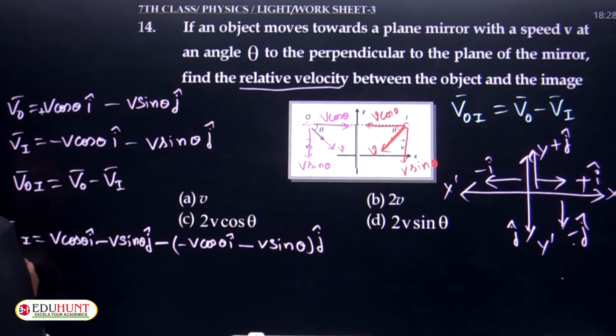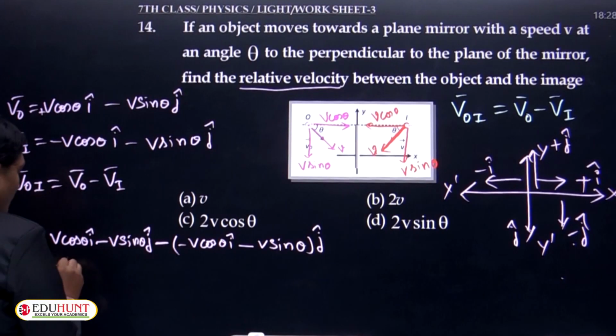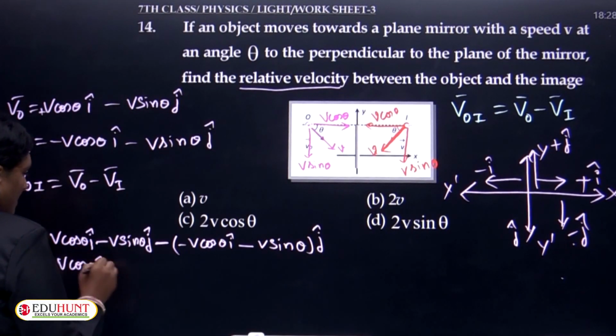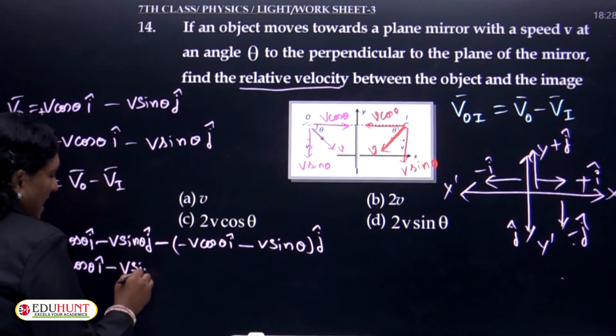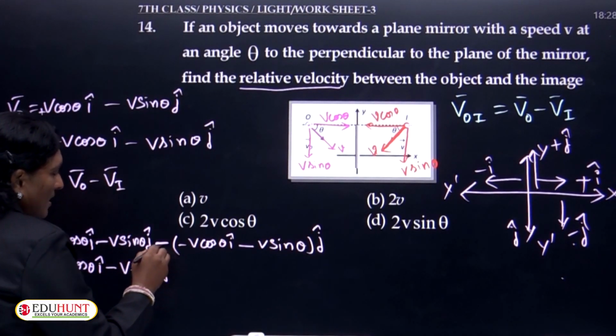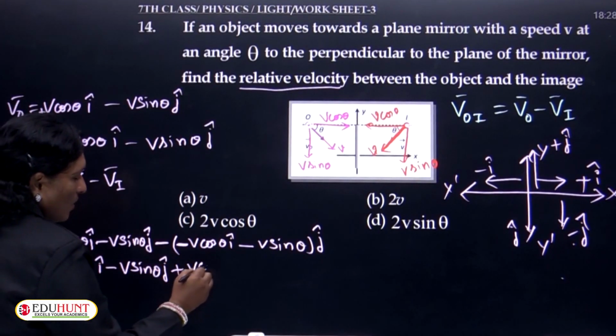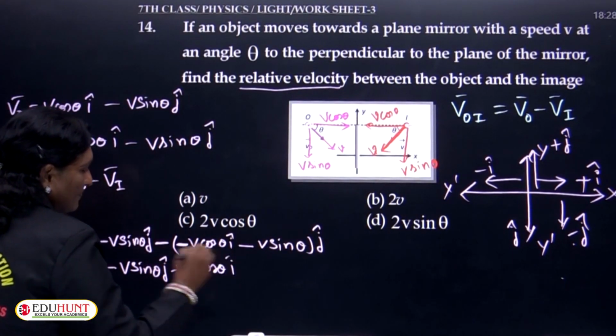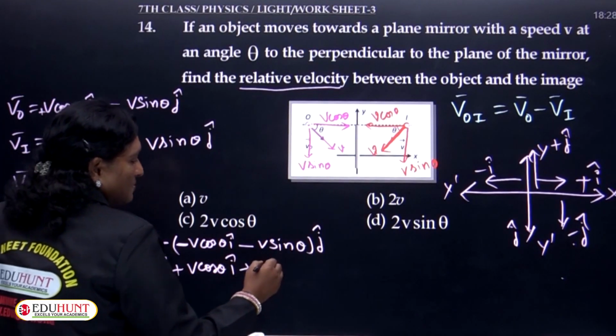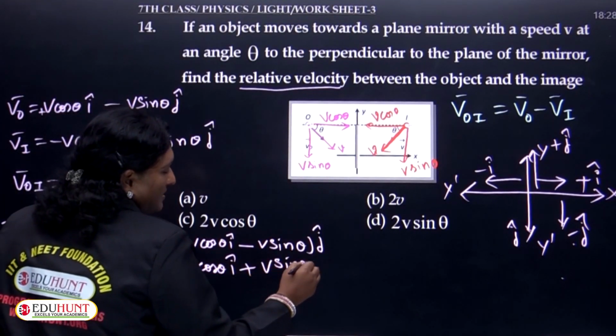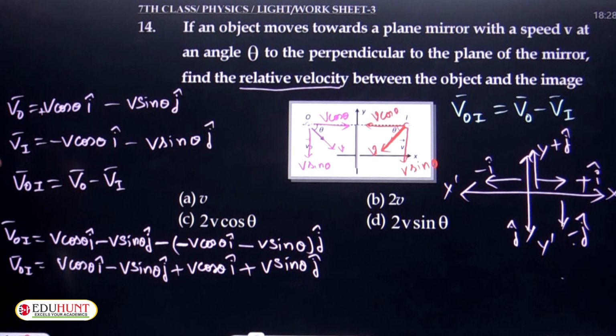That's it. So VOI can be written as v cos theta I cap minus v sin theta j cap. This minus and minus will become plus v cos theta I cap, and minus and minus again becomes plus v sin theta j cap. That's all children.